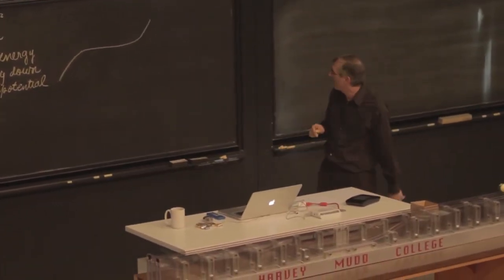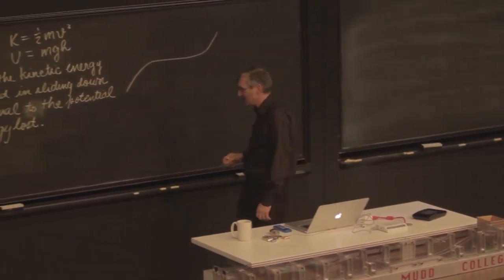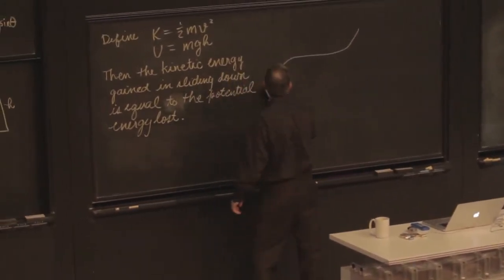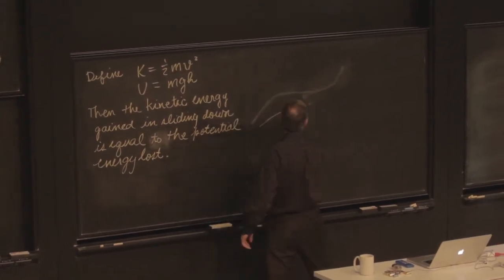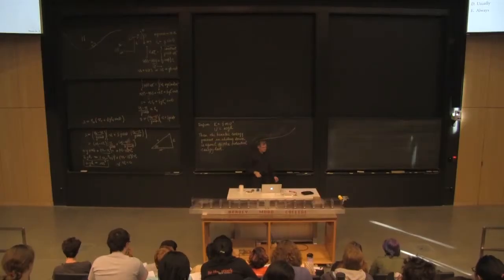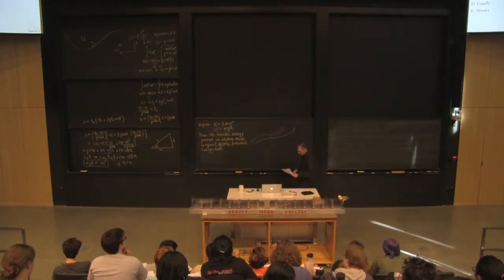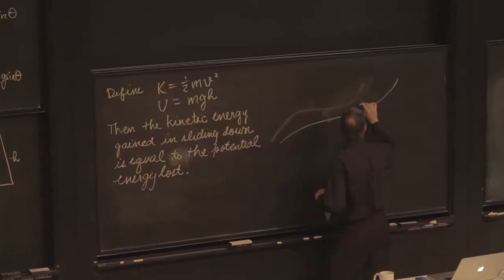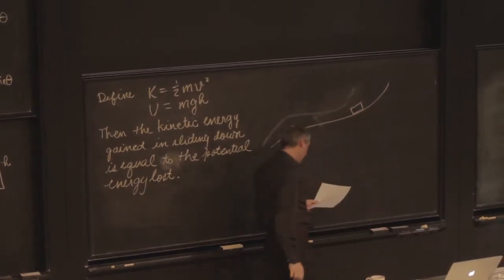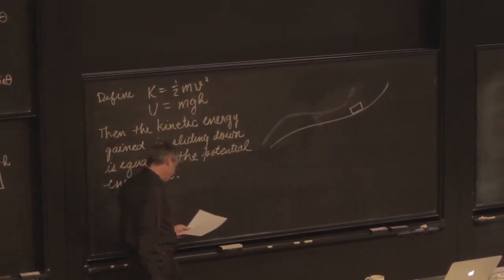Okay. So I want to now see if we can generalize for an arbitrary shape. And in order to do that, I'm going to carve it up into little bits. So I'm going to consider one little bit.